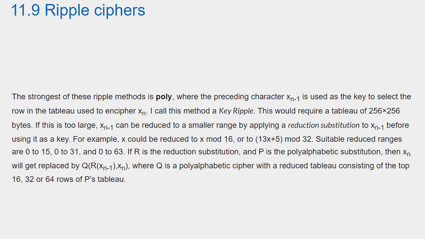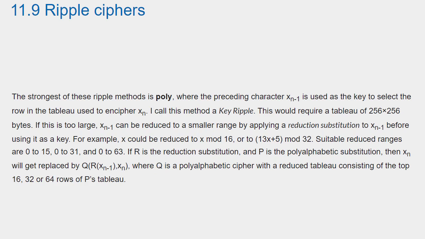If this is too large, xn-1 can be reduced to a smaller range by applying a reduction substitution to xn-1 before using it as a key. For example, x could be reduced to x mod 16 or to (13x plus 5) mod 32. Suitable reduced ranges are 0 to 15, 0 to 31, and 0 to 63.